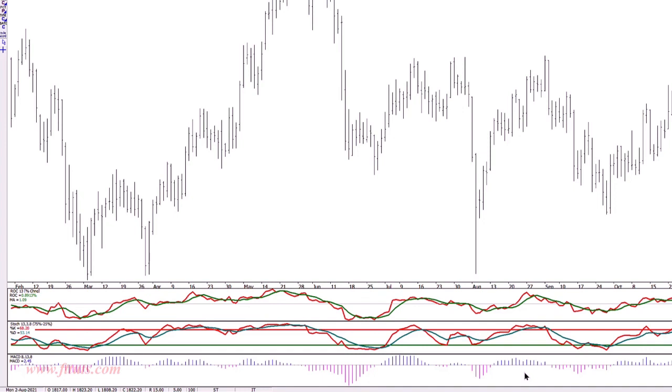But the one drawback it has is that it doesn't really give us a warning of whether the market is coming into a position to make a price reversal. It lags the price reversal somewhat, but it does warn us when the rate of change is lessening.